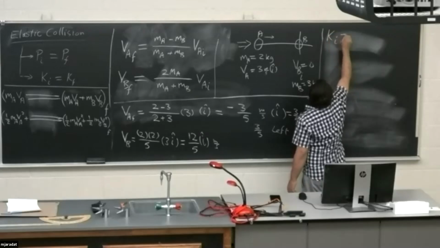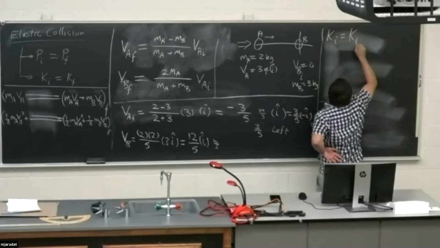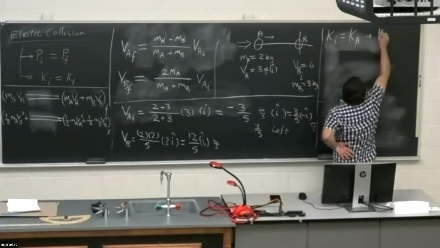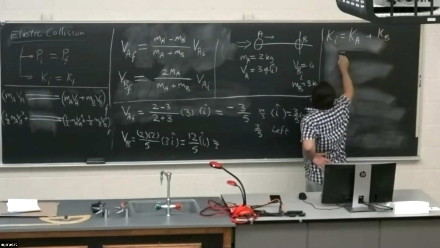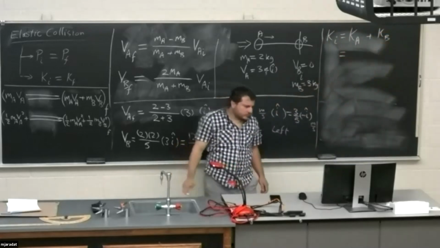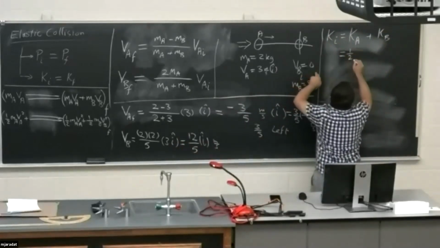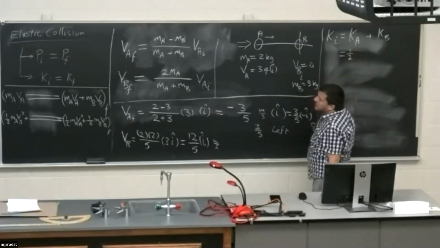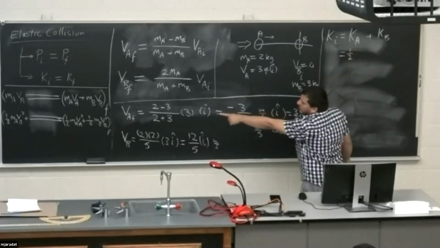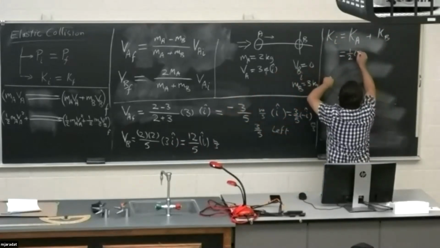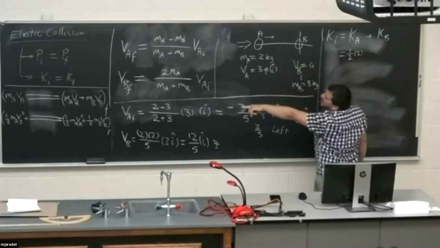Kinetic energy initially is equal to the kinetic energy of A plus the kinetic energy of B, which is equal to 1/2 multiplied by the mass of A, which is 2, multiplied by the velocity of A squared.